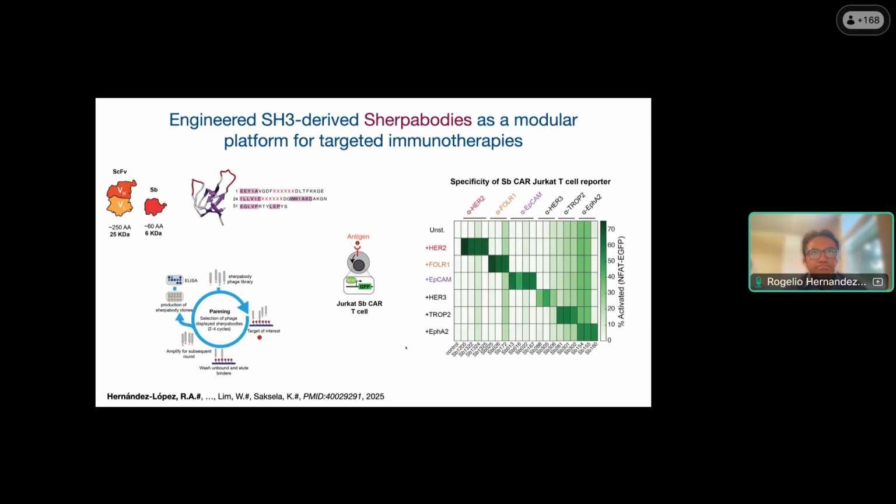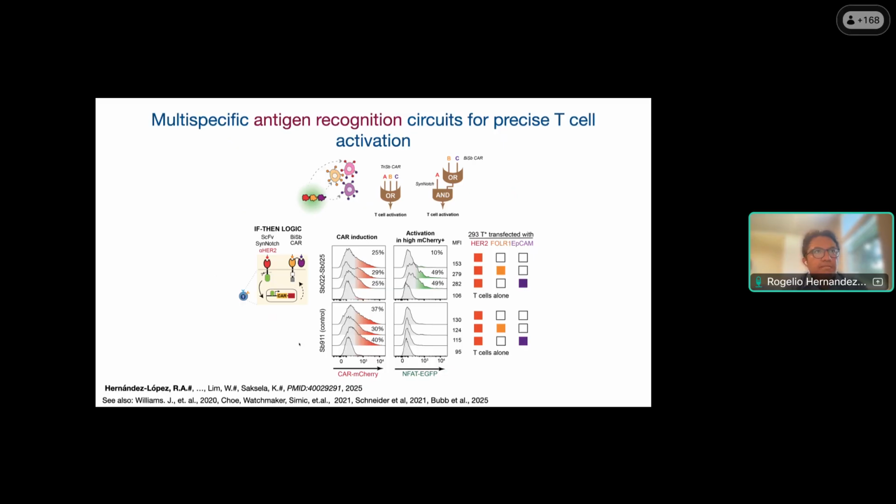And then if you put them together, either as a bispecific chimeric antigen receptor and also controlled by a synthetic notch, you can start building more complex logic gates.